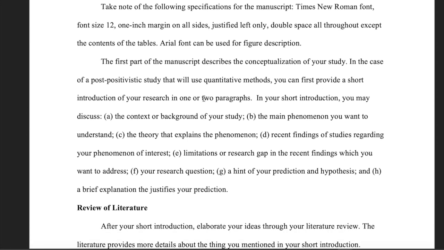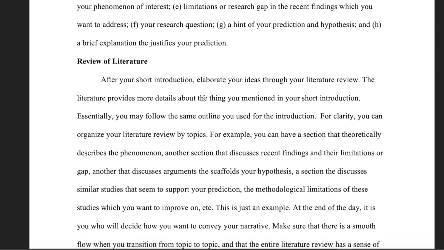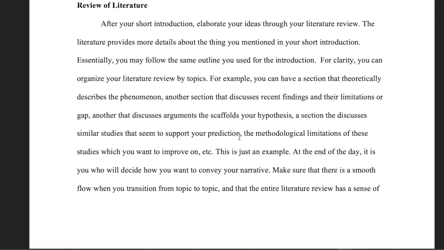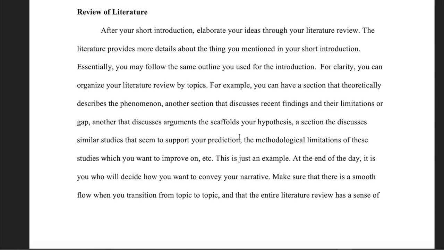In reality, what ideally happens is that you write your literature review first, and after you have written your literature review, then you have something to introduce. Okay. So again, my advice is write the introduction last. Do not write an introduction if you don't know what you are introducing.